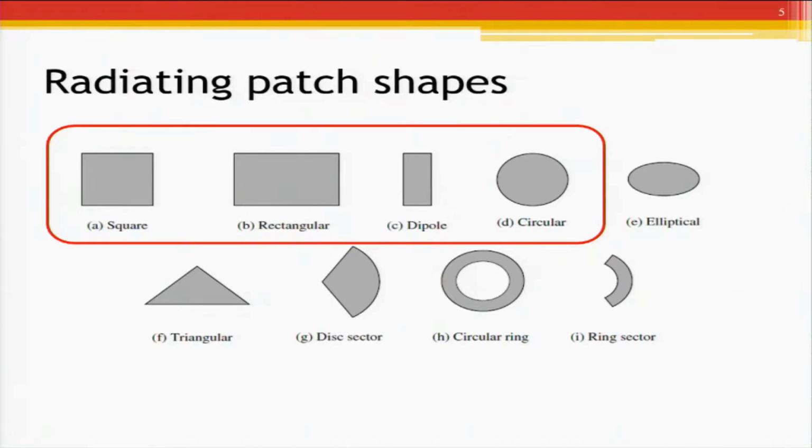So we have square, rectangular, dipole, and circular. Also you can see some elliptical, triangular sectors, circle ring, and ring sectors. But the radiation mechanisms would be different for different shapes, and you might experience different radiation patterns from different shapes.